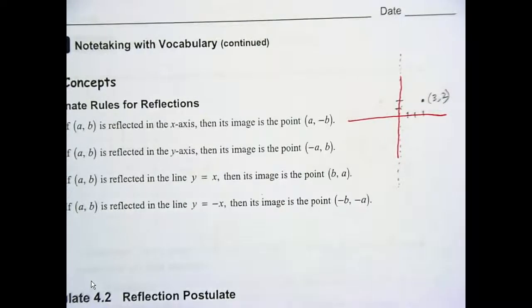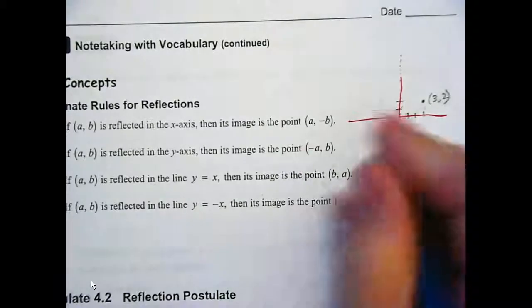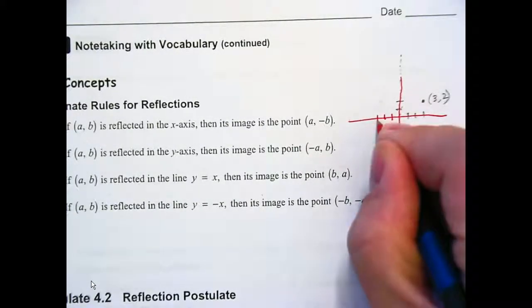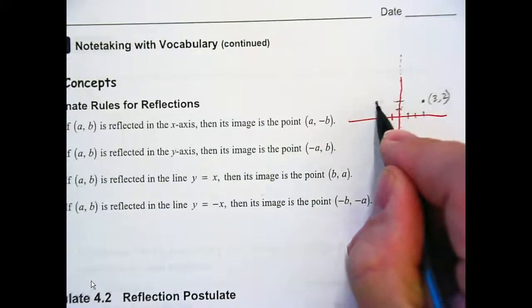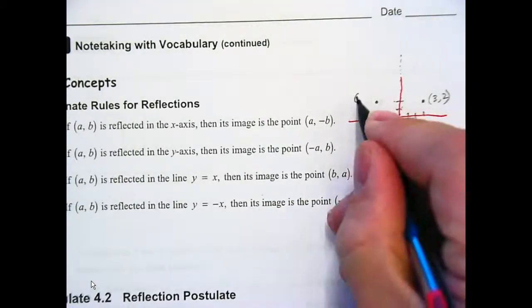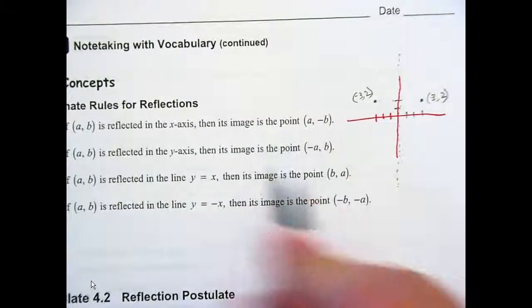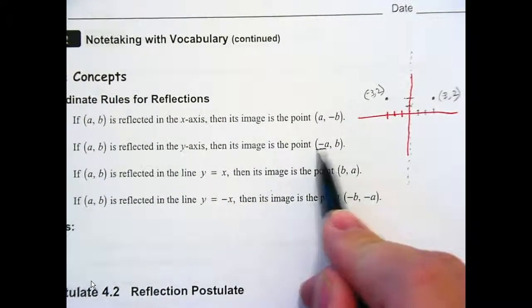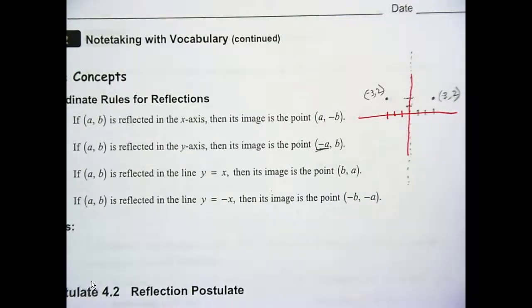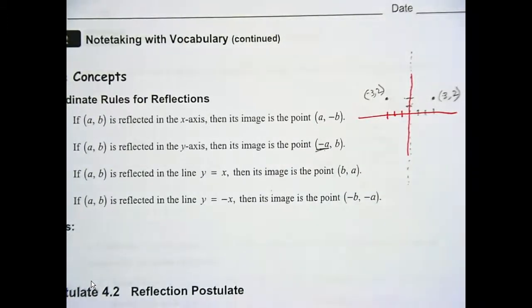It's moving horizontally, even though I'm reflecting across y. Therefore the value that changes is my x value. The y value stays at the same level. So we have the opposite of 3, which is negative 3, and 2. That's why when you have A, B and you reflect across the y, you make that value negative, or the opposite of what it was.